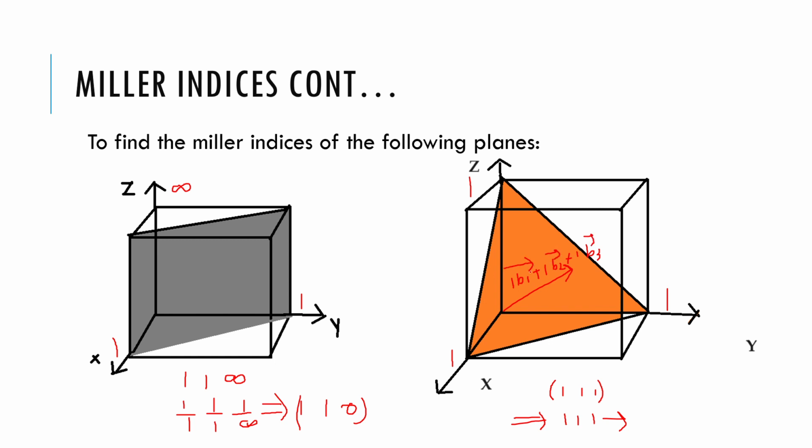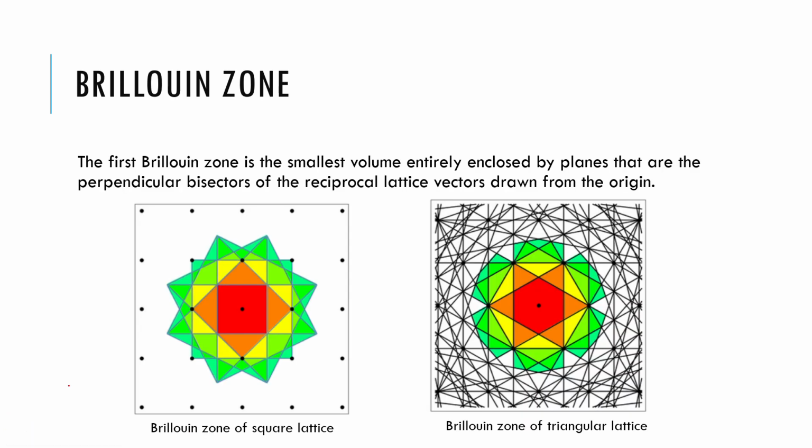Now let's go to another concept. This concept is called the Brillouin zone. The Brillouin zone is nothing but the Wigner-Seitz cell in reciprocal space. As we saw in the previous video, in part 1, in real space, for a primitive lattice we construct something called the Wigner-Seitz cell.